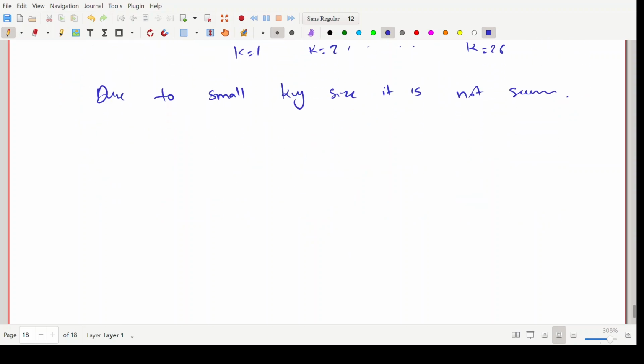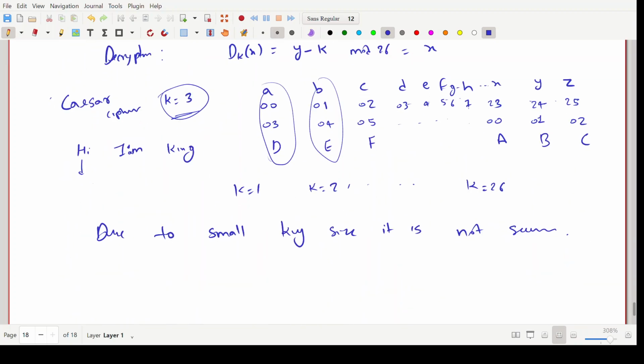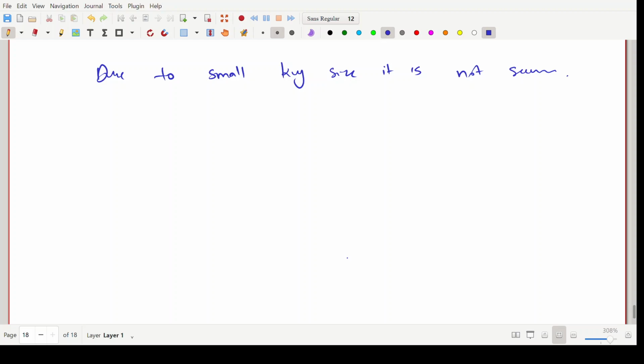Okay, so let us see the second one, which is affine cipher. Again, in the case of affine cipher, your plain text and cipher text space is Z26, but your key space is something else here.